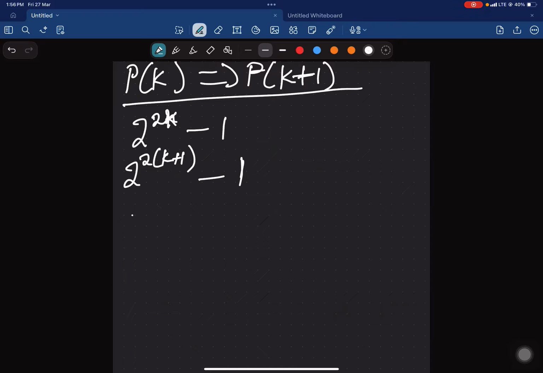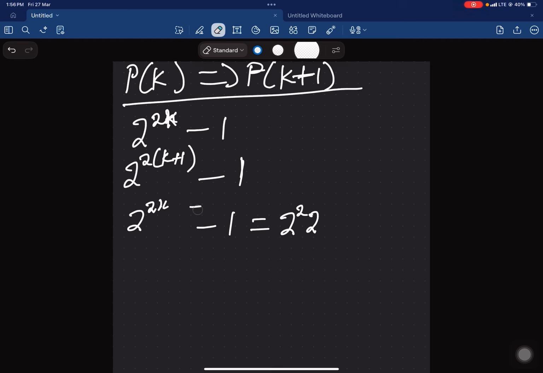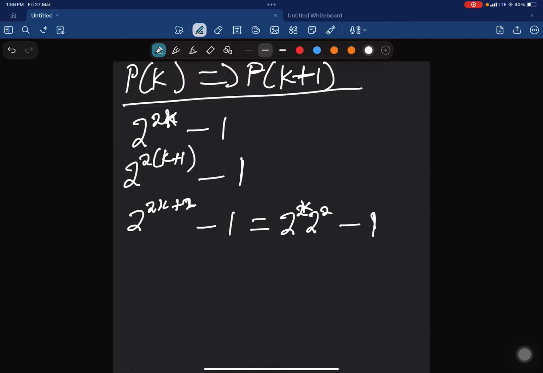When we expand this, we get 2 to the power 2k plus 2 minus 1, which is 2 to the power 2k multiplying 2 to the power 2, then minus 1. Now we can expand this 2 to the power 2 to give us 4. So 4 multiplying 2 to the power 2k minus 1 is what we have now.